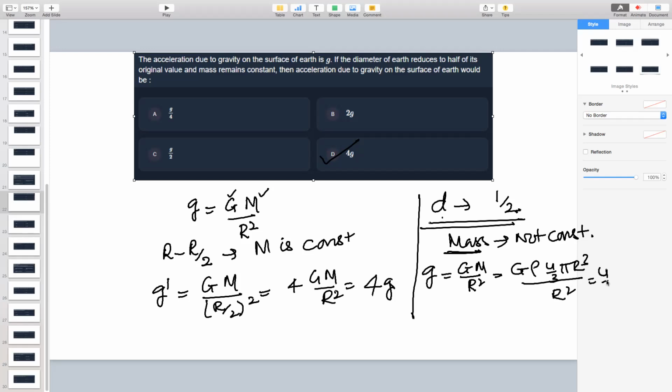So you get 4 by 3 pi G rho R. That is g proportional to R. The diameter is reduced to half, so the radius is reduced to half. Then g becomes g by 2. If mass is not constant, you have to do it like this. If mass is constant, the earlier one is your answer. We go for the next problem.